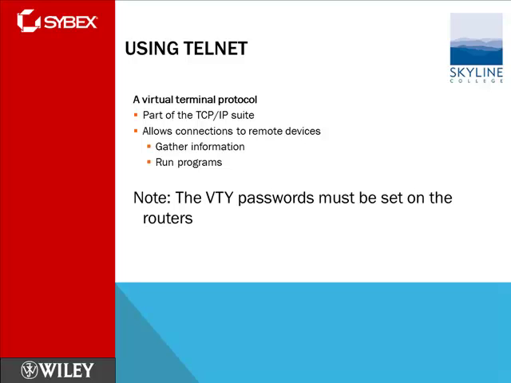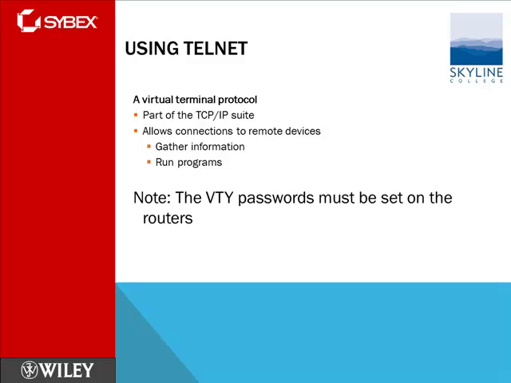If you use the no login command, no passwords are required. Once you Telnet to it, if you want to go into enable mode, you have to have an enable password. It will not allow you to do that until you set the enable password.